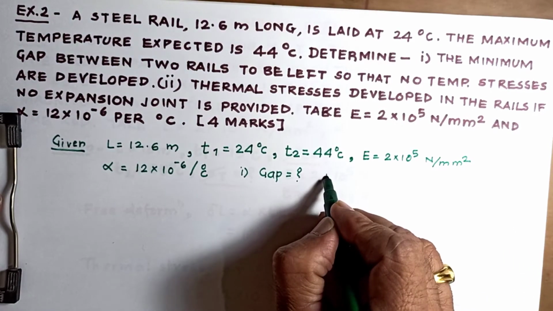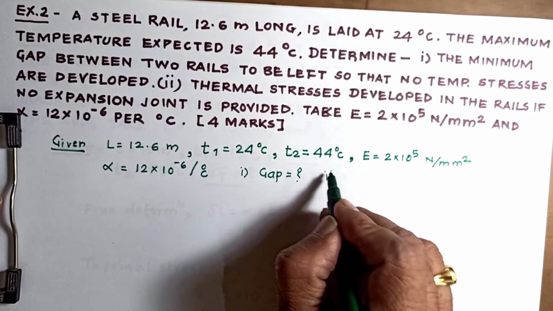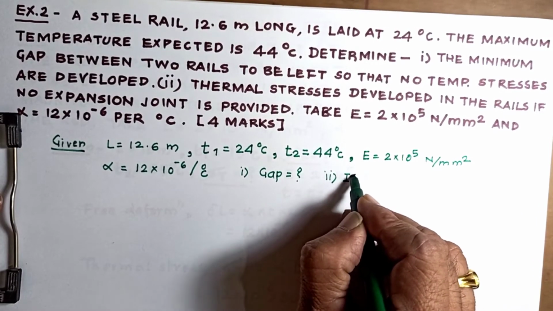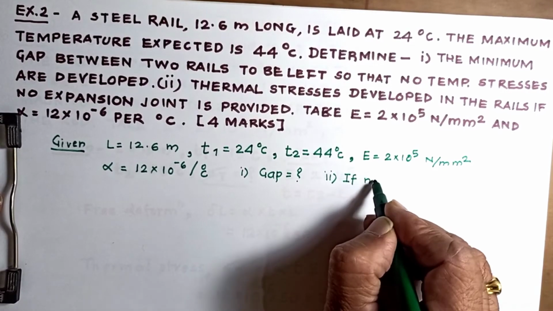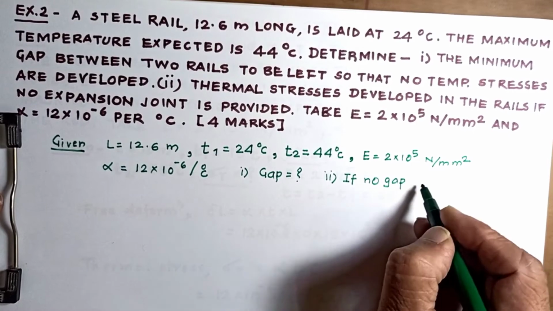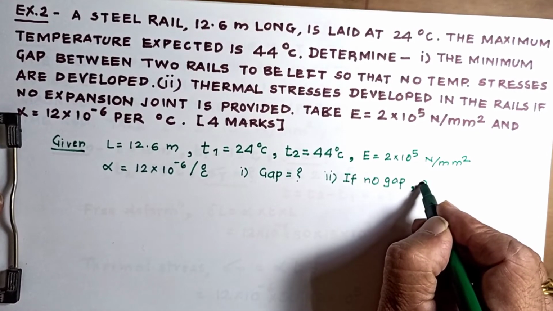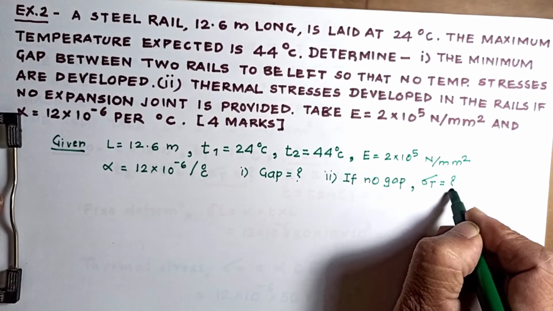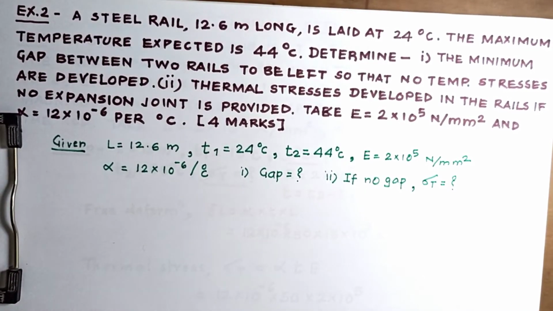And the second one, if no gap is there, what will be the thermal stress induced in the rail? This is what is asked in this particular problem. So let us see how to find out.